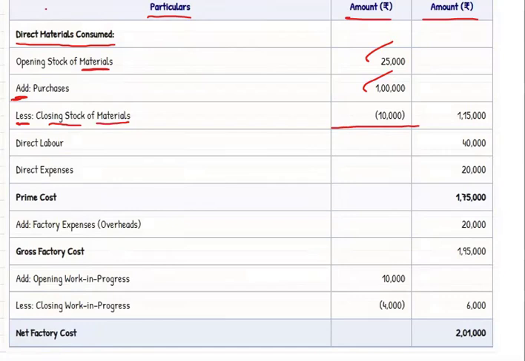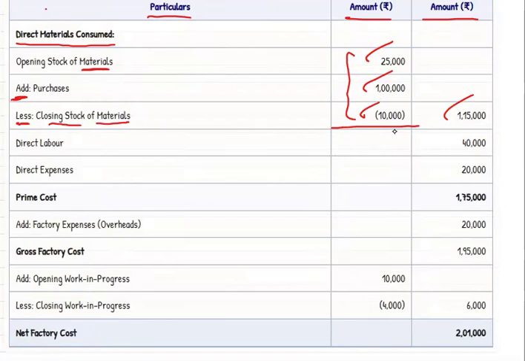After adding and deducting, the amount we get is 1,15,000, which is called the direct material consumed.